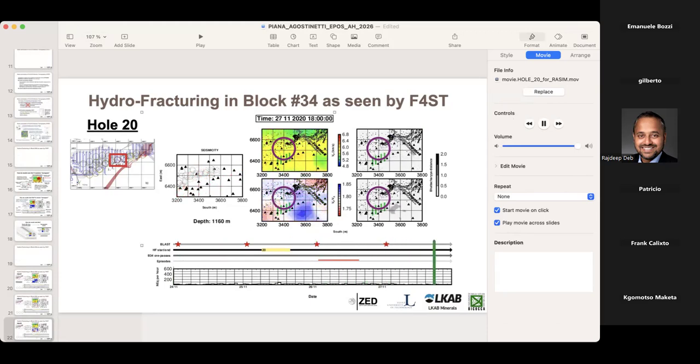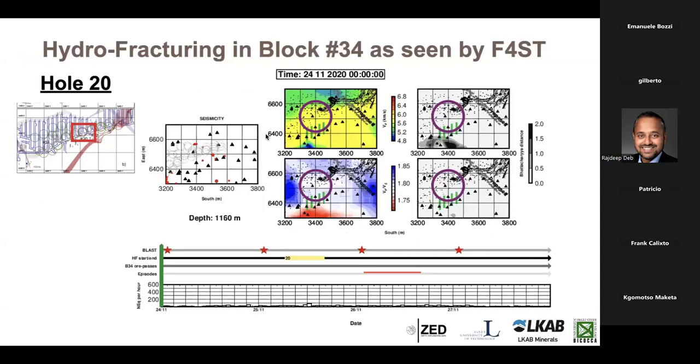So in some cases, they had no seismic response, so no events created in the hydrofracturing hole, and no anomaly arriving in our model. If we want, we can play these movies later. I want to go a bit further with the presentation, but I will be happy to play these movies again with you if you are interested in more details.